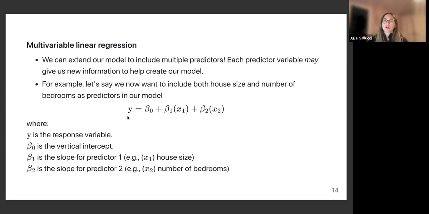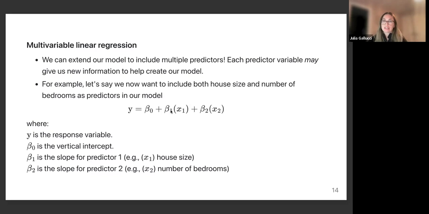So the y is our response variable, or house price. And then we have our intercept of the model. And this, once again, is the estimated house price when both predictors, so here house size and number of bedrooms, are equal to 0. We have beta 1 then, and that's the slope for our first predictor.